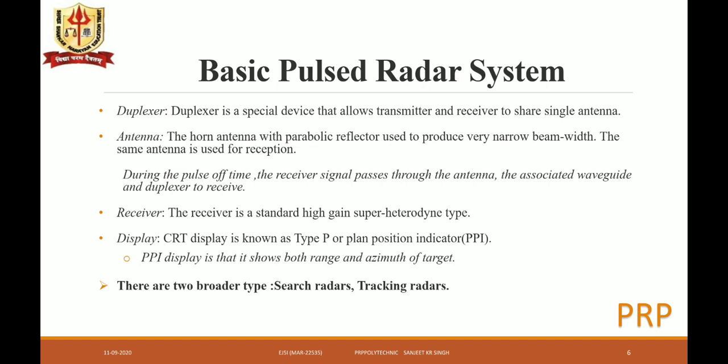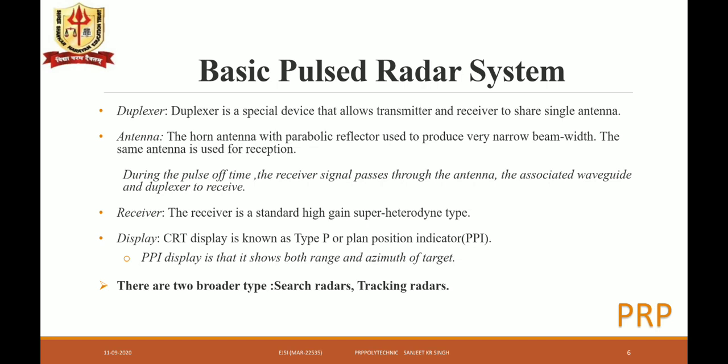During the pulse off time, the received signal passes through the antenna, the associated waveguide and the duplexer to the receiver. The receiver is a standard high gain superheterodyne type receiver which will detect the echo pulses.